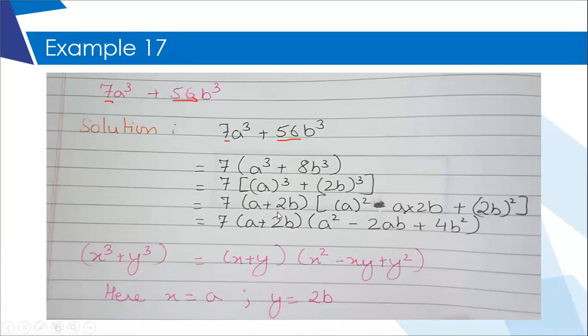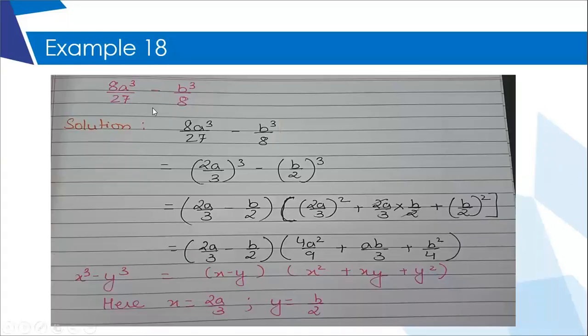Now there is another kind, where you will get your terms in fractional parts, but those fractional numbers will also be perfect cubes of some numbers. So that will be proceeded the way we did question number 1.